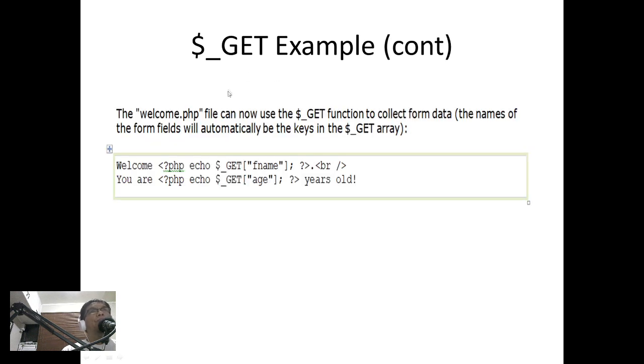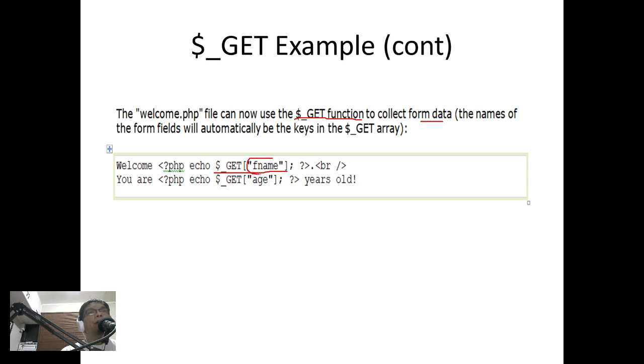If we continue with the example, the welcome.php file can now use $_GET to collect form data. The form data are the data that we entered using the text boxes. So how do we get them? We just type $_GET and then the field name.